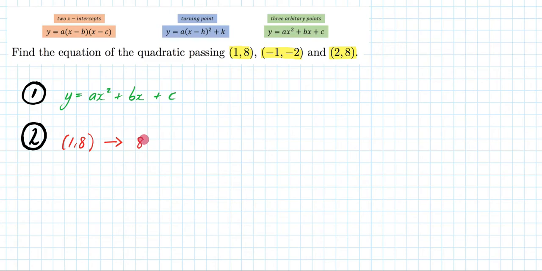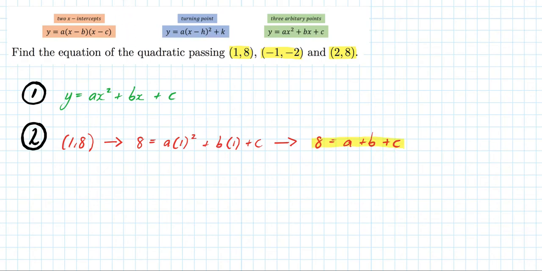I'm going to have 8 equals a(1) squared plus b(1) plus c. Hopefully you can see here, in my y spot I put an 8, and in my x spot I put a 1. So my final answer here will be 8 equals 1 squared is just 1, so it would just be a plus b plus c. So that is my first equation.